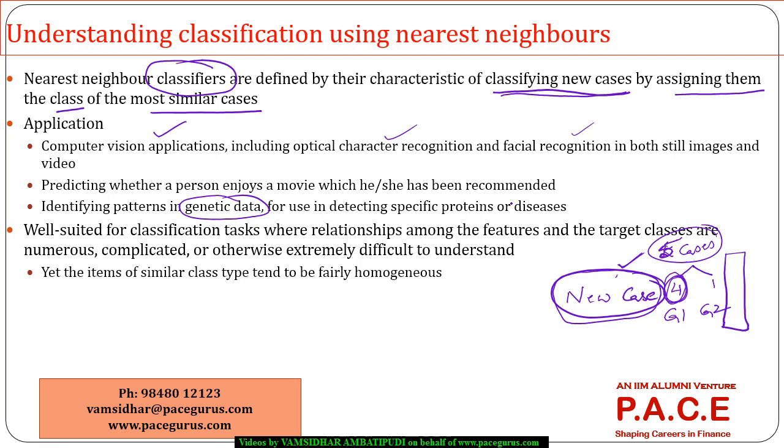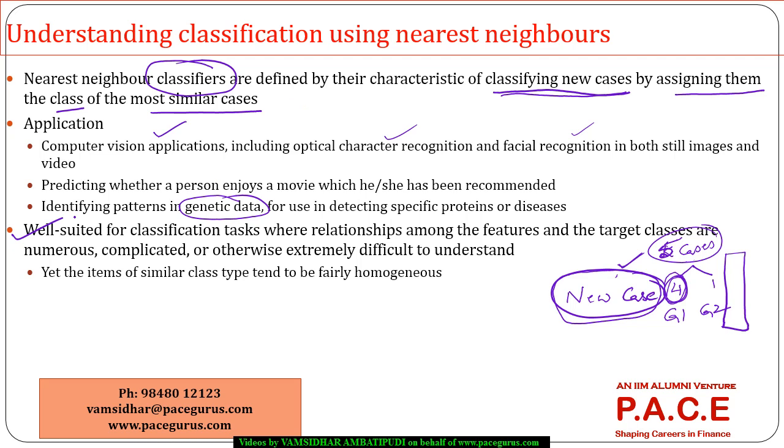So we are trying to identify all the closest neighbors to the new data, and based on those closest neighbors we identify their classification, and depending on the majority of the classification we assign the class for the new data as well.